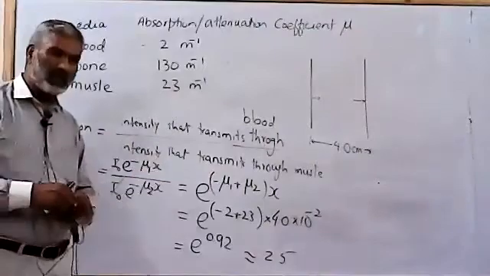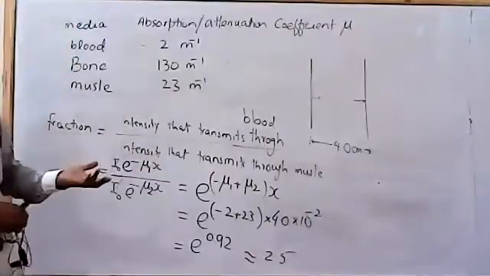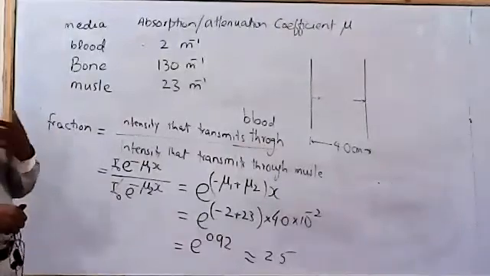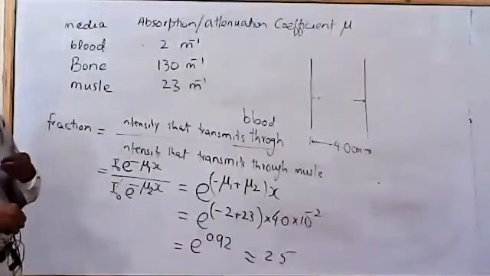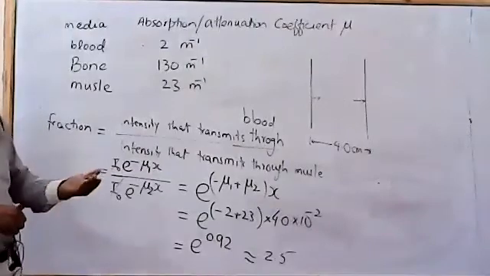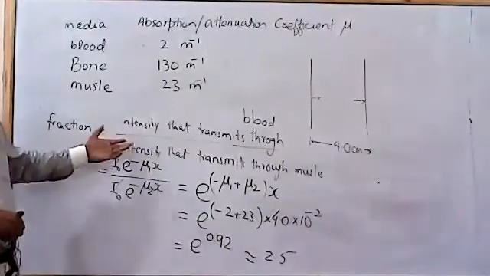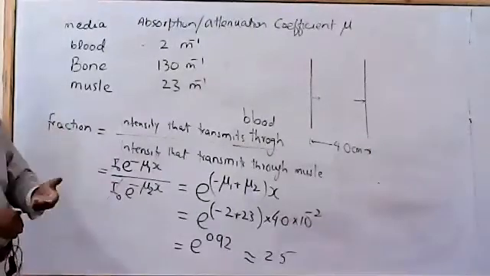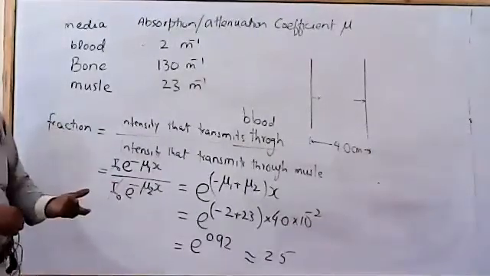I selected these two questions because there are questions of this type in the exam, and there are many other questions which are conceptual type. So the idea is that you need to go through the literature. You have books available, and there is a lot of information available on the internet.